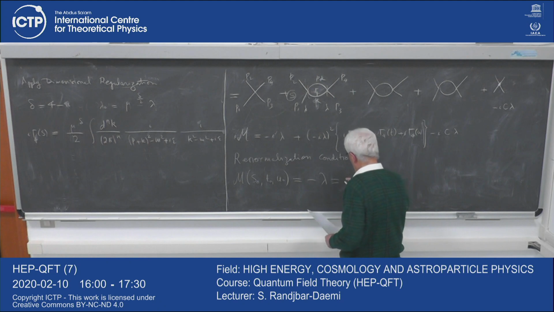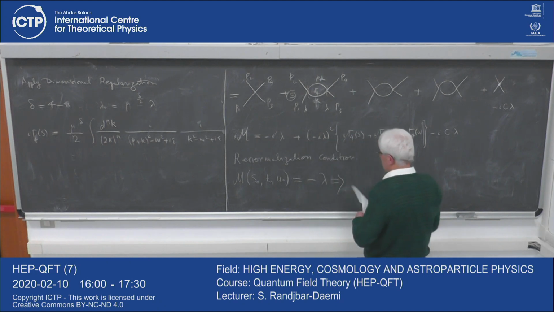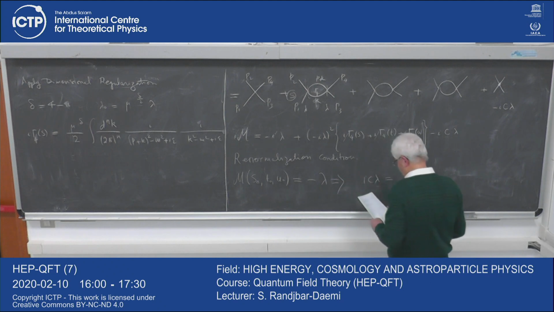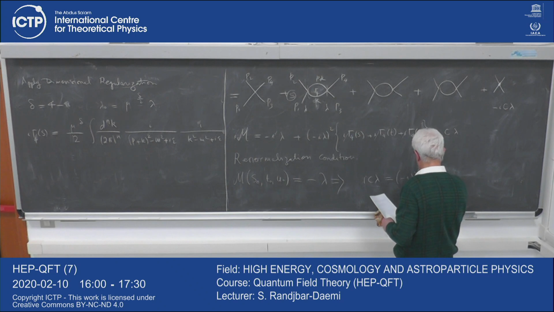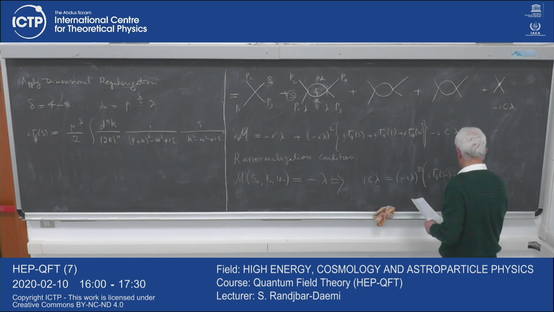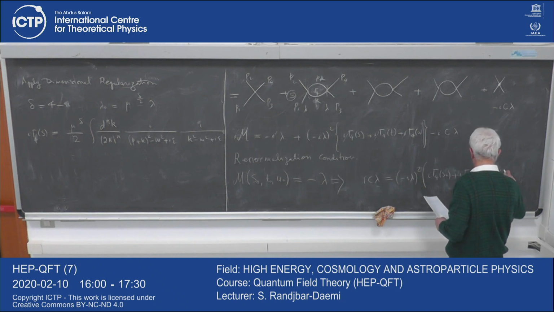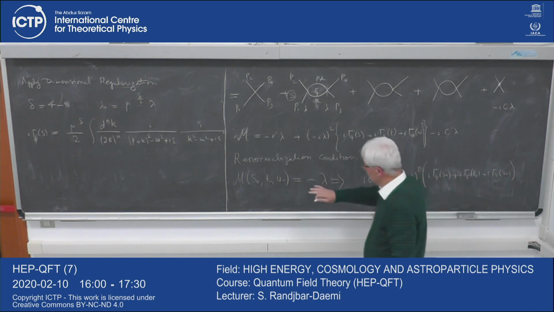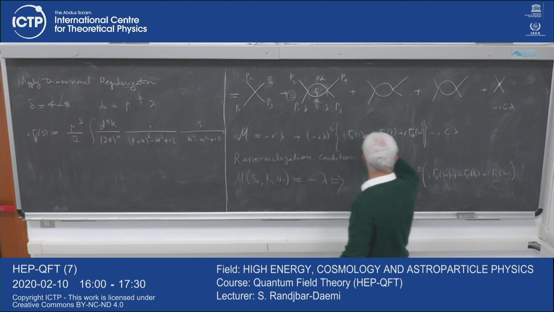So impose this condition, and here this lambda will cancel that lambda, and you'll find out that IC lambda should be equal to, let me write the whole block because we are going to need it: I, 4 is 0 plus I, 4 T0 plus I, 4 U0. This expression is imposing this condition and this relation.